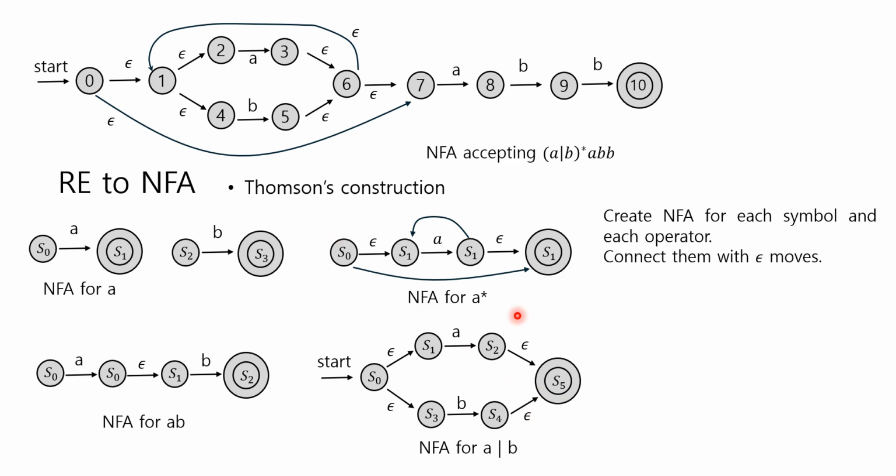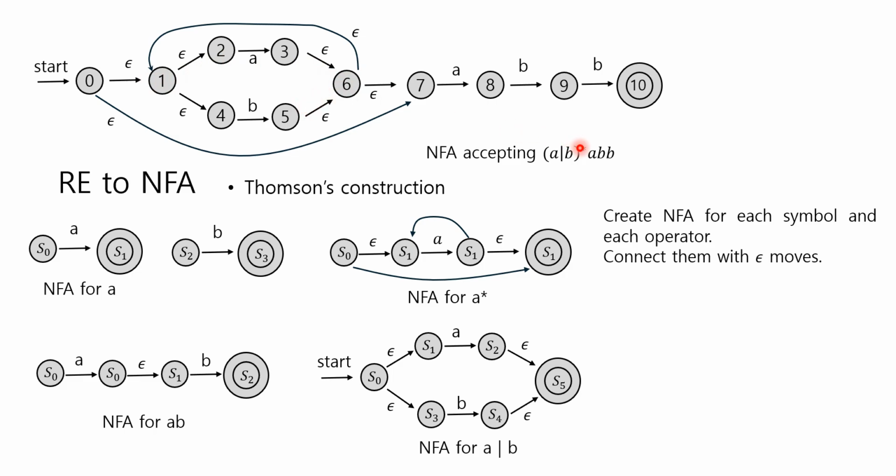So if we follow these rules to transform the regular expression A union B Kleene closure ABB to the corresponding NFA, first we try A union B. A union B will have this form, as you can see here.